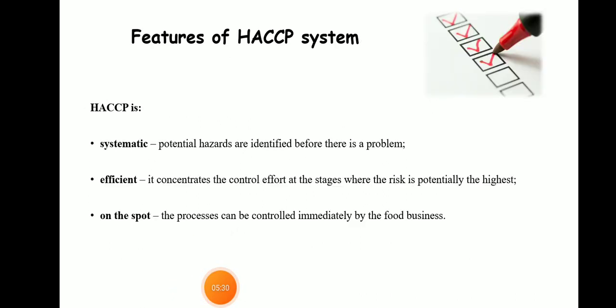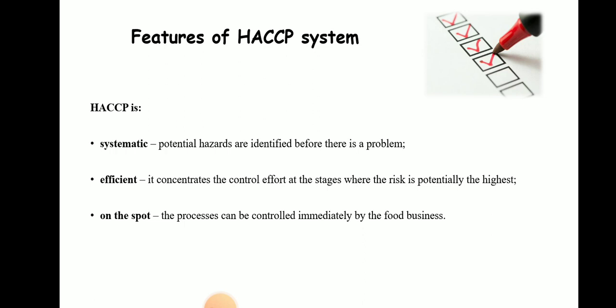Now, some of the features of the HACCP system are that it is a systematic approach, it is efficient, and it is on the spot. Systematic means it is systematic in identifying the potential hazards. Efficient because it concentrates the control effort at the stages where the risk is potentially the highest.